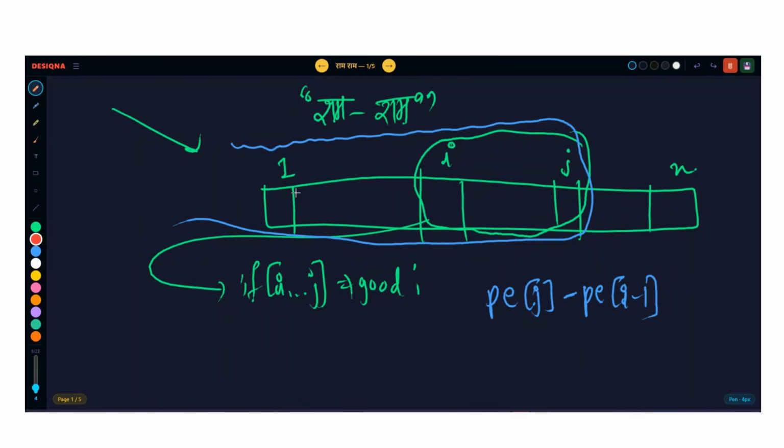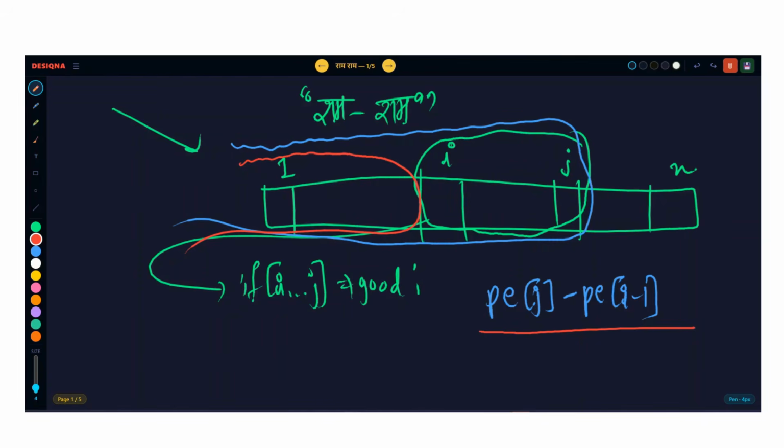What is PEI minus 1? The number of even elements from 1 to I minus 1. If you subtract the red part from the blue part, you will get the number of even elements in the green part, which is the subarray from I to j. So x is nothing but PEJ minus PEI minus 1. So I have replaced x with PEJ minus PEI minus 1.